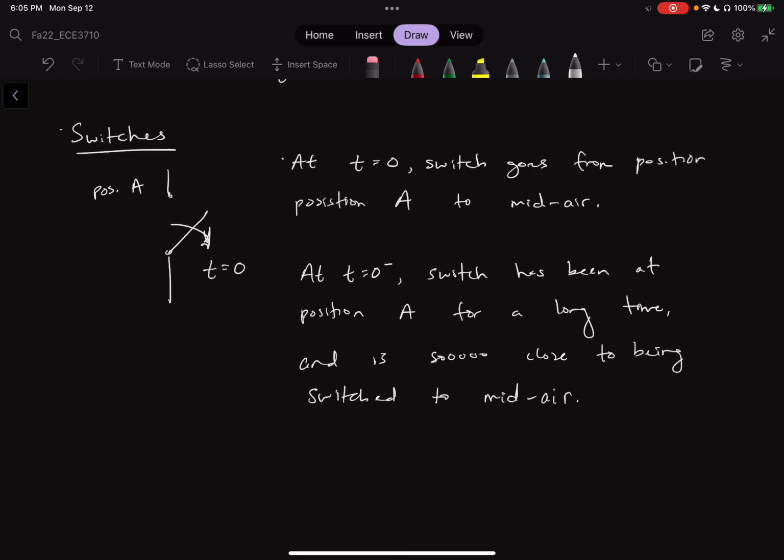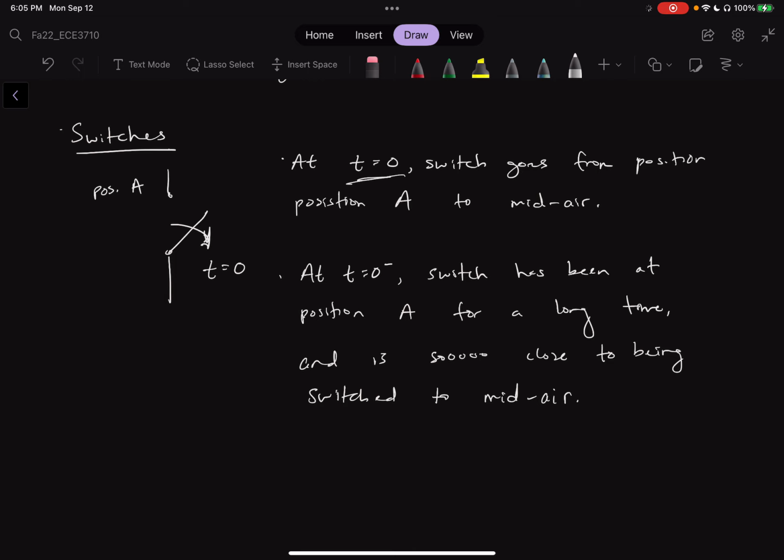Okay? Again, at t equal to 0 minus, the switch has been at position A for a long time and is so close to being switched, but is not switched yet. Why? Because it happens at t equal to 0 minus.